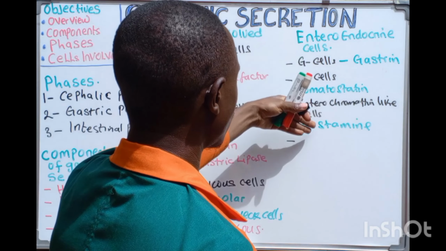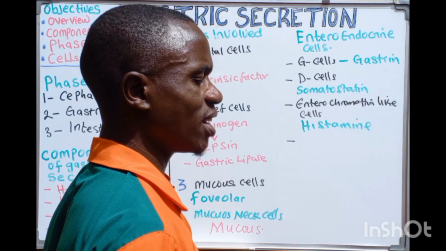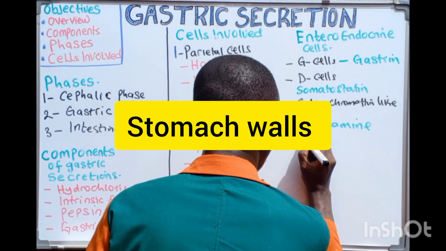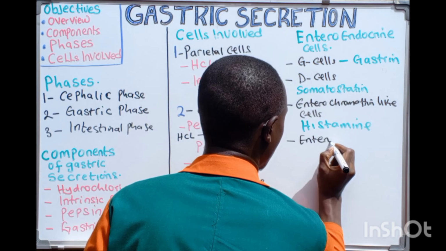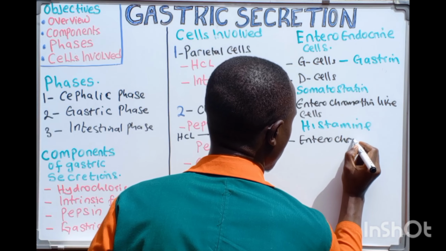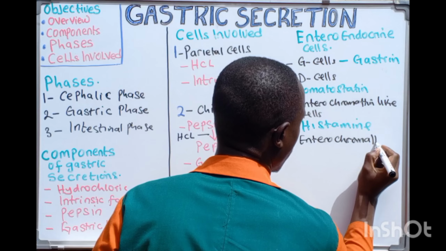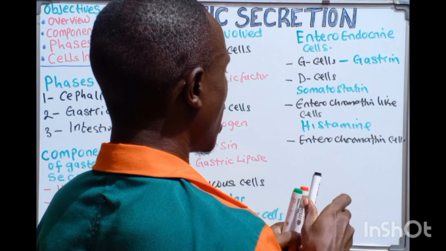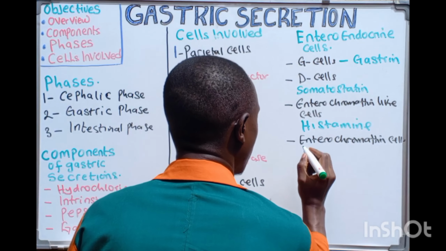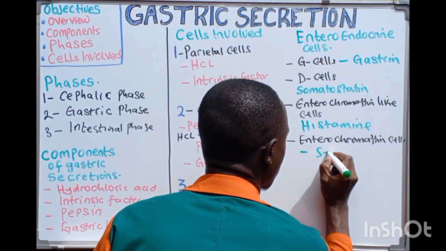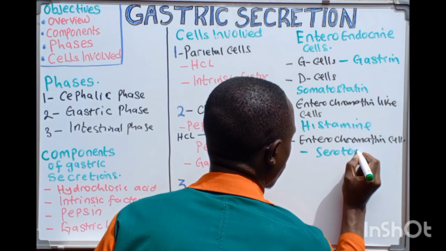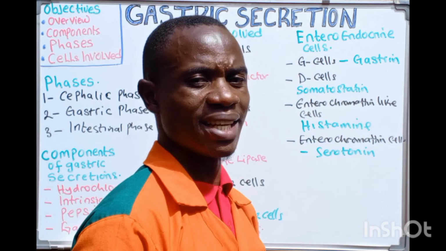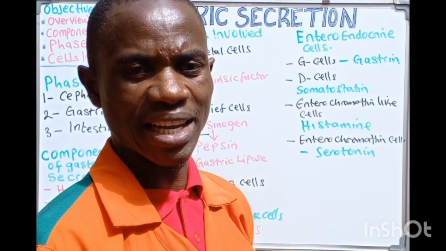These cells produce a molecule called serotonin, which is very important in regulating gut motility.